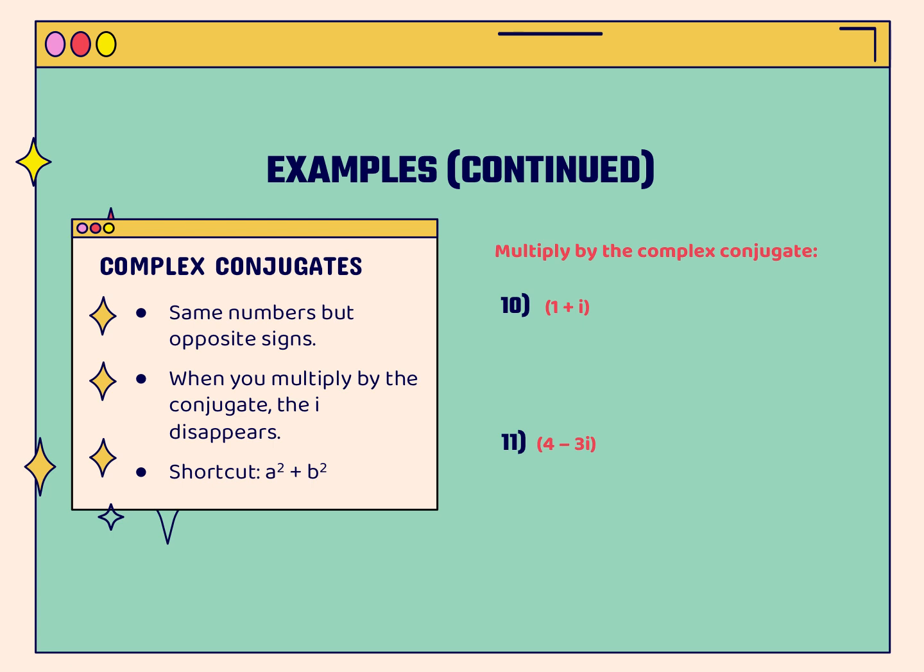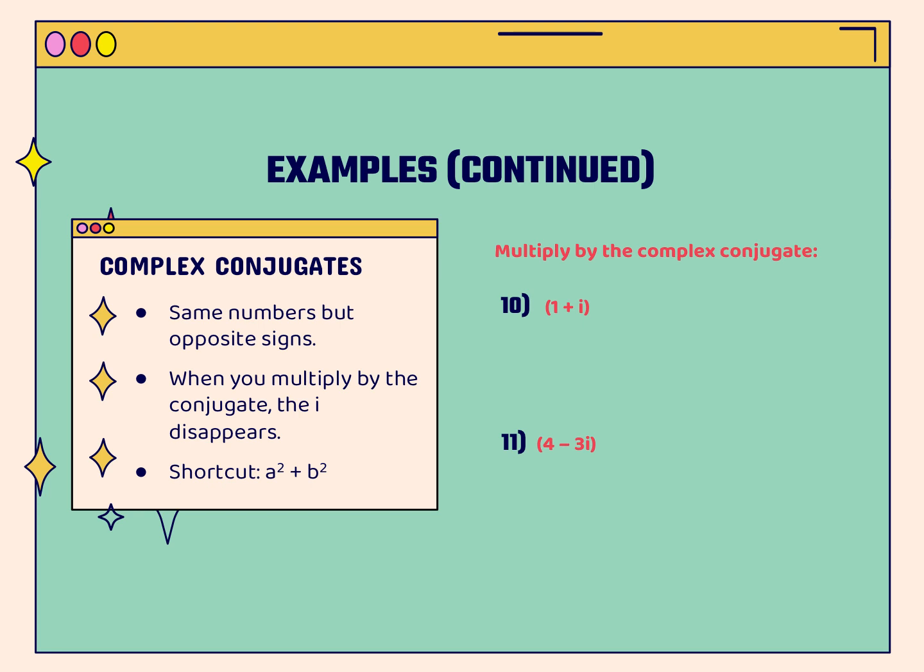All right, so for the next one, this is an example of multiplying by a complex conjugate. So the complex conjugate is going to have the same number, but the imaginary part is going to be the opposite sign. So just like we did with the radicals, remember we made the radical the opposite sign.